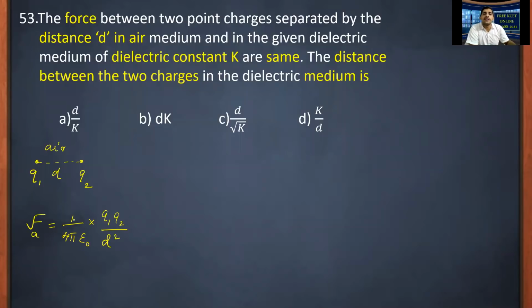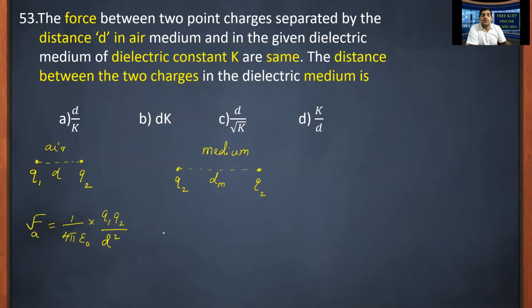Now the same two charges, Q1 and Q2, are kept in some medium. What medium? We don't know. Say it's placed at a separation distance of dm.